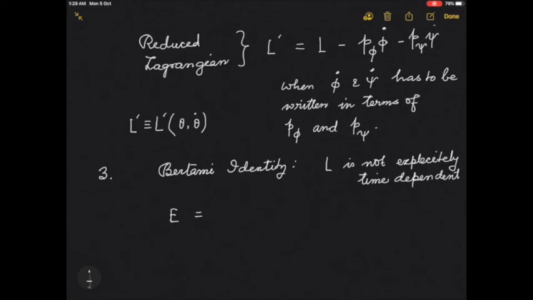So I'm just writing that as energy for the time being, and this will be nothing but p theta dot minus L prime.